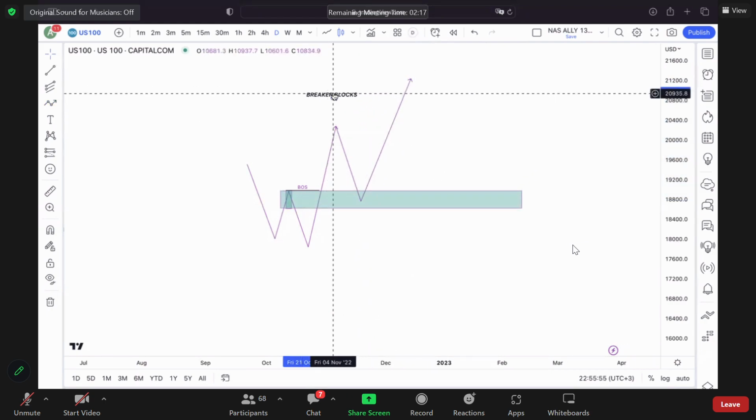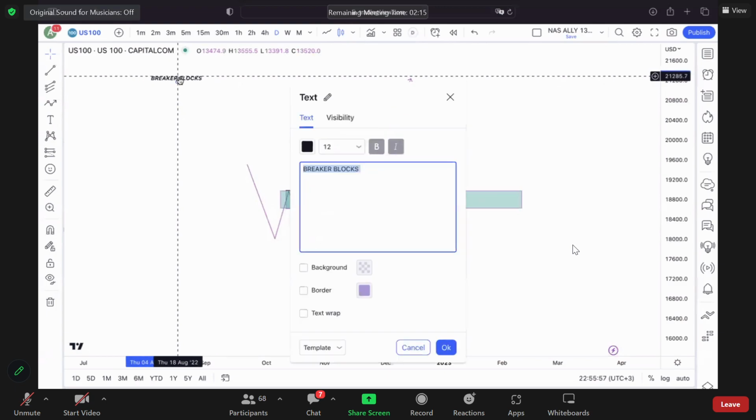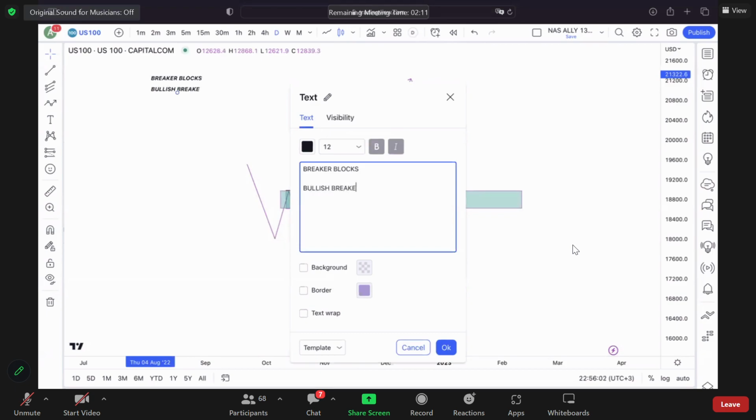So, bullish breaker: the last up candle before a down move that then broke structure to the upside.